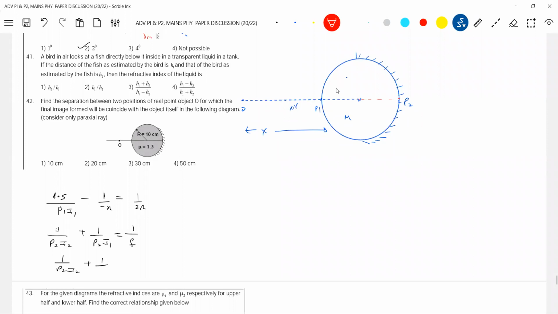Finally, after reflection and refraction, the rays should be converging at O. Then only it is possible, no? Sir, if it is at P1 also, it will coincide, no, sir? O and P1 are in the same place. How can the image be formed there? It's not possible.